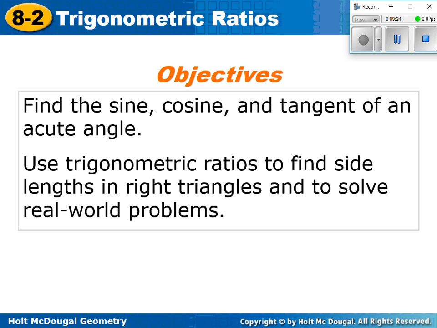What's the opposite side? 4. What's the hypotenuse? 5. Do you see that the opposite over the hypotenuse will be the same number no matter how small it is or how big it is? If we're looking at a specific angle measure, across from the 32-degree angles, it will not matter how big it gets or how small it gets. When you write the opposite over the hypotenuse, it will always reduce to the same value.